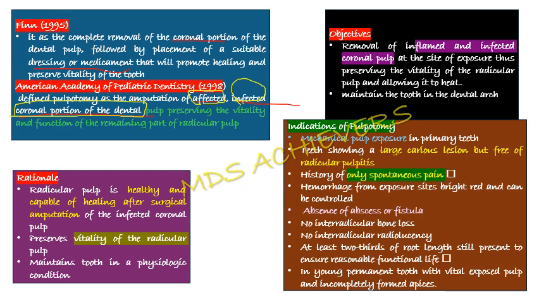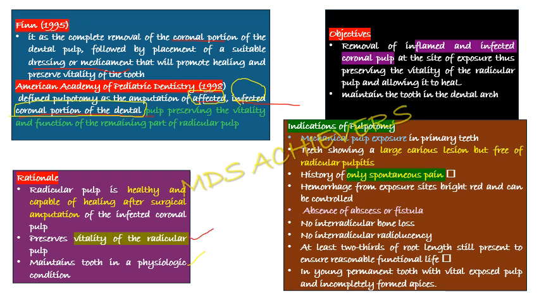The rationale is that the radicular pulp is healthy and capable of healing after the surgical amputation of the infected coronal pulp, preserves the vitality of the radicular pulp and maintains the tooth in the physiological condition. It is also one of the most commonly involved procedures for apexogenesis.